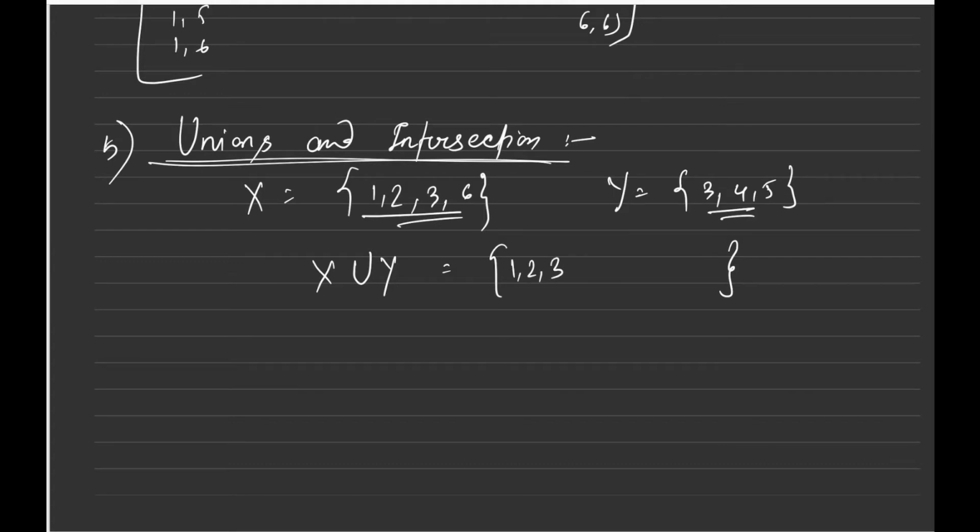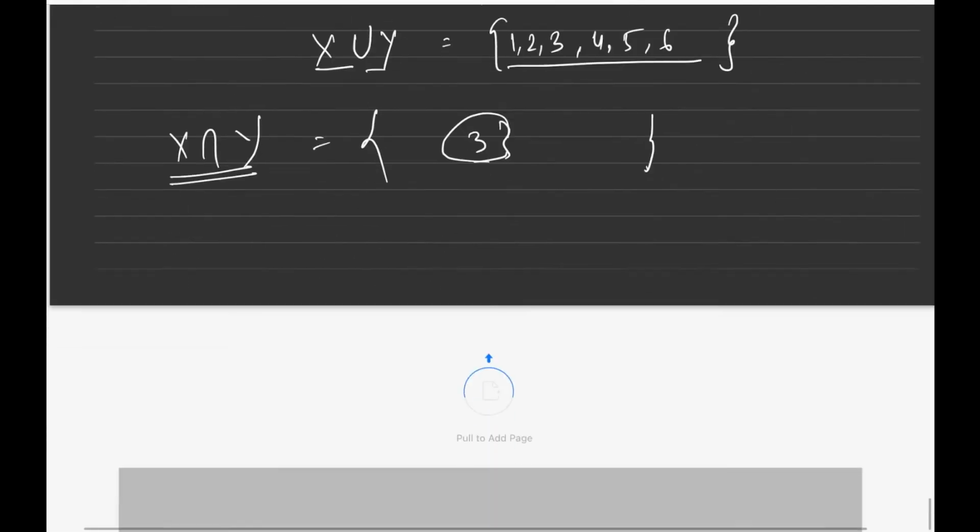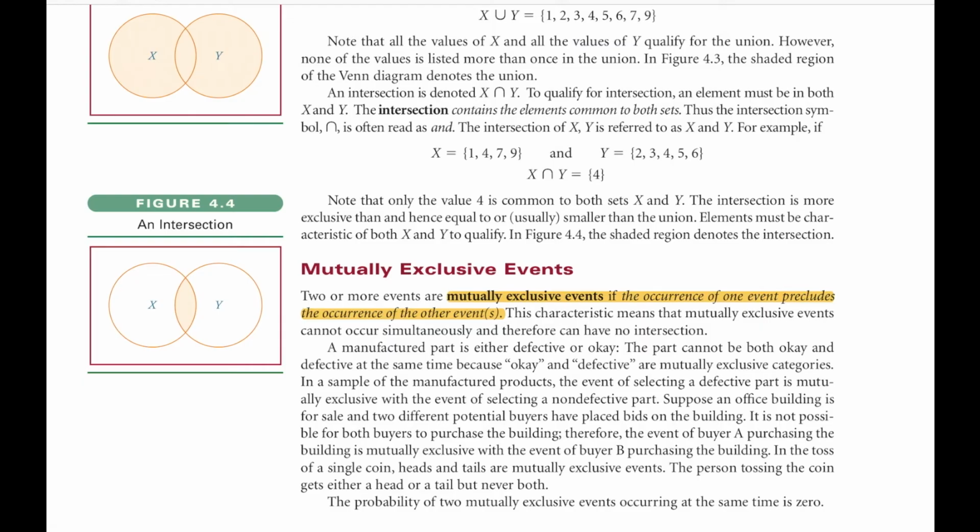So 1 2 3 is here, 4 5 is here, and 6 is here. So x union y will be 1 2 3 4 5 6, all the elements. But if I take the same example of x intersection y, that means the common elements from these two sets. The common element is 3 only, right? So x intersection y is 3, while x union y is equal to all these elements. Okay, this is union and intersection.